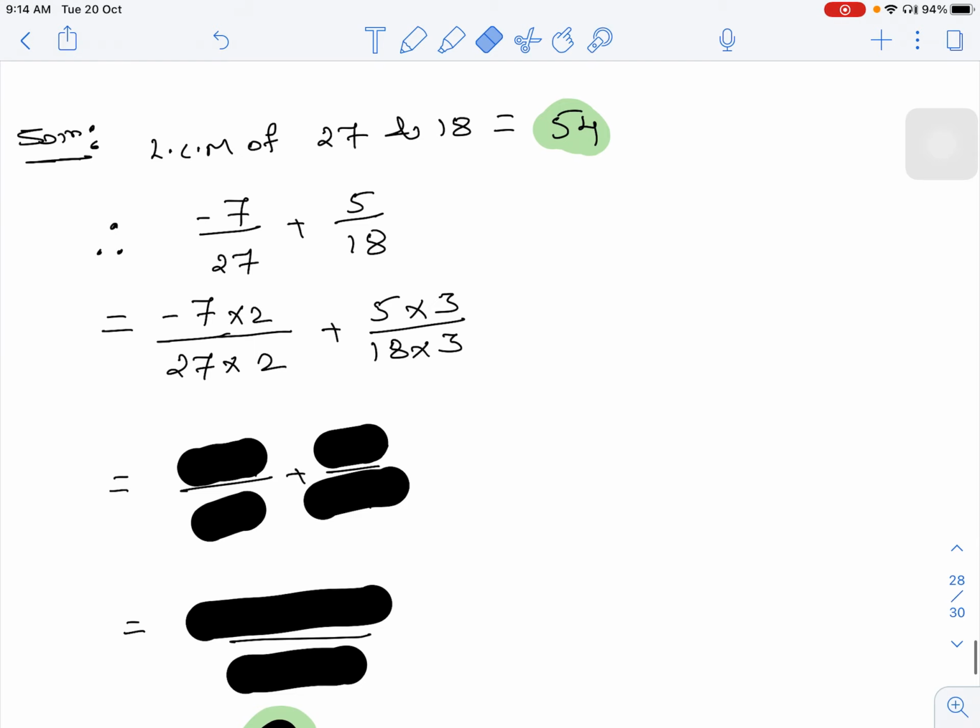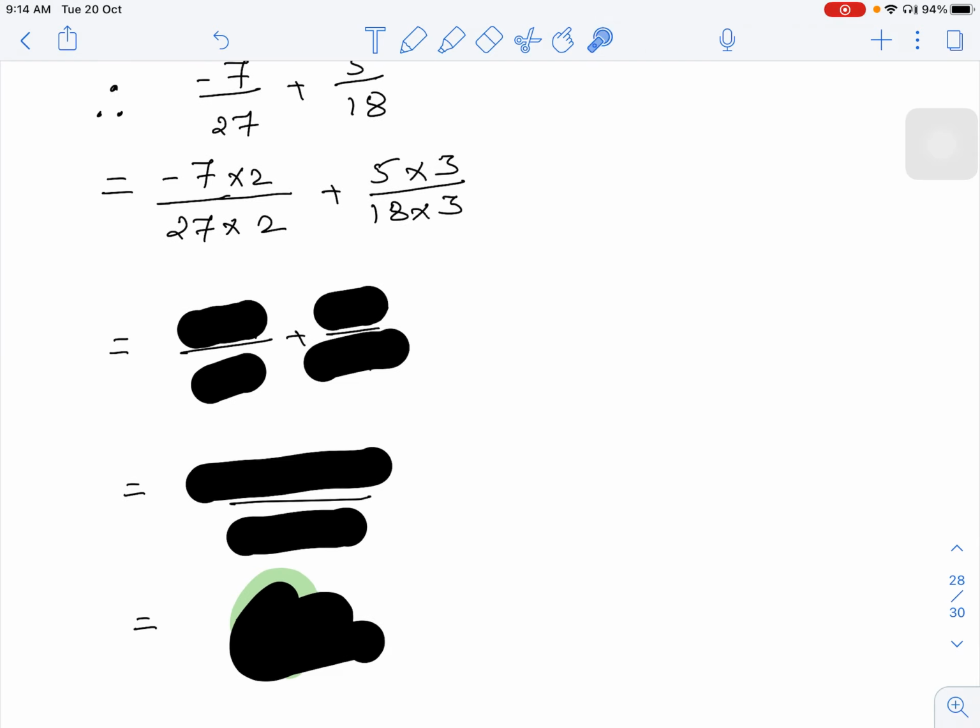Now our regular multiplication: minus into plus will become minus. 7 twos are 14, that will be minus 14, and 27 twos are 54. Now 5 threes are 15, and 18 threes are 54.